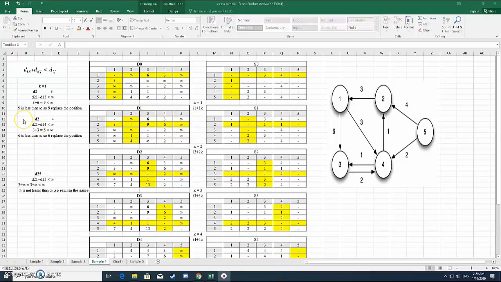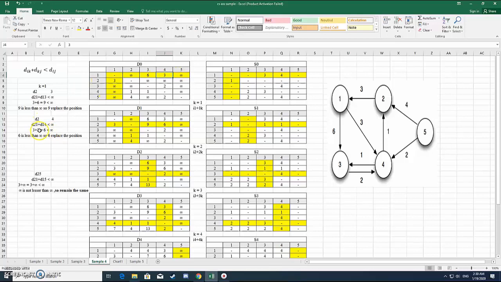Okay, so now let's see the second example. The second example is D24. So the D24 is infinity. So we use the same method, follow the formula, which is D21 plus D14 less than infinity. So D21 is 3. The D14 is 3.